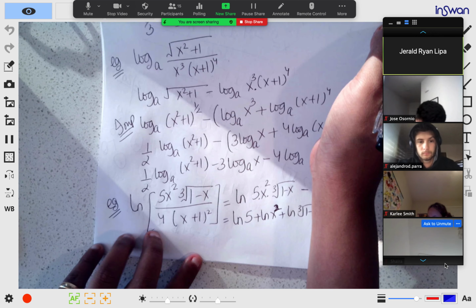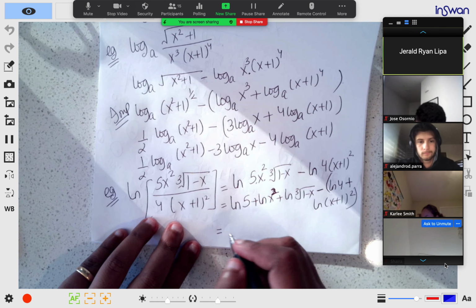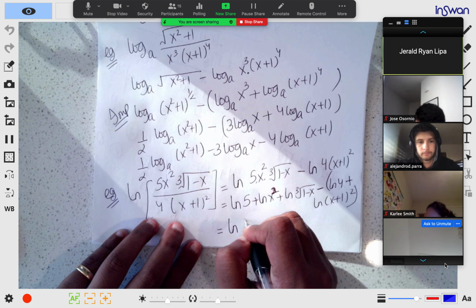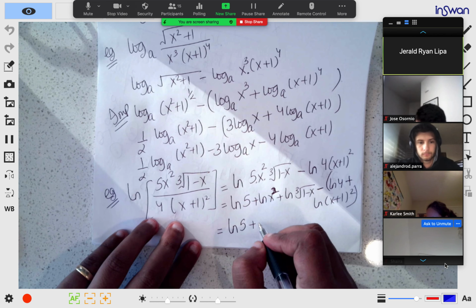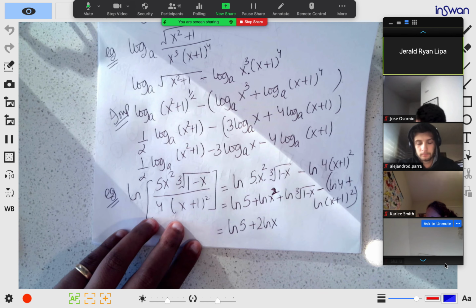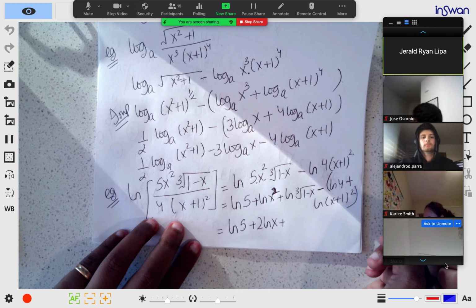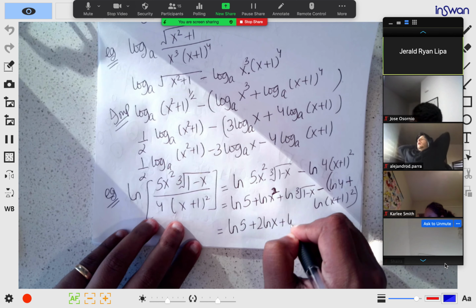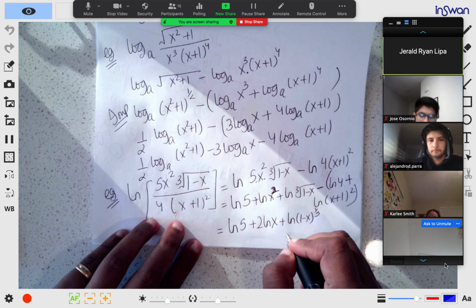Okay. What does it become? So ln 5 stays the same. And then ln x squared, you put the 2 in front of the ln. So you're going to have 2 times ln x. And then for ln cube root of 1 minus x, that will turn into ln of 1 minus x to the power of 1/3, and then that will change into 1/3 times ln 1 minus x.